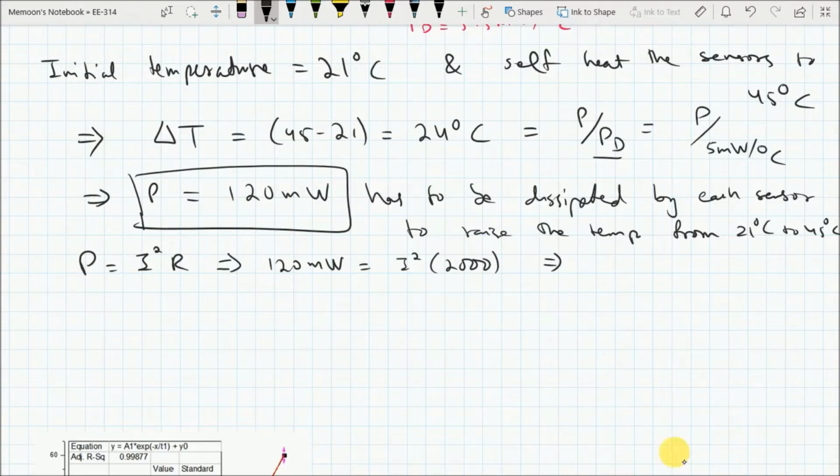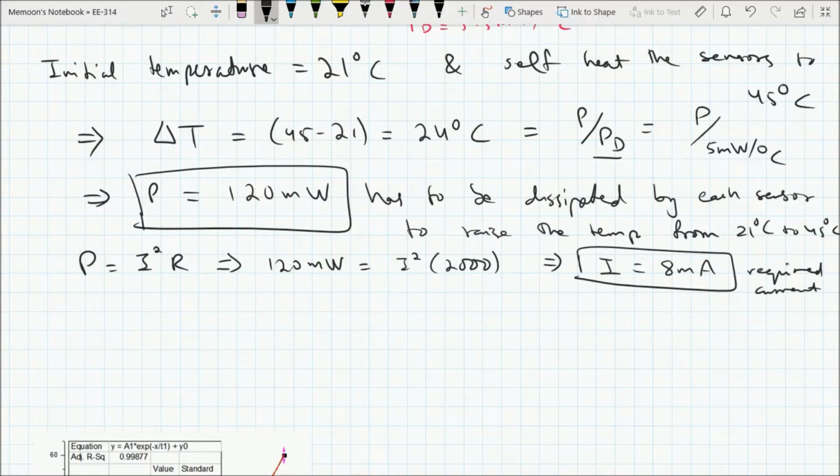And this gives us the required current that we have to flow through these sensors to heat them from 21 to 45 degrees and dissipate this much power, 120 milliwatts, which is 8 milliamperes. This is the required current. So right now, up till now, we are just trying to self-heat these two thermistors. Now we have the current and the resistance at 45 degrees.